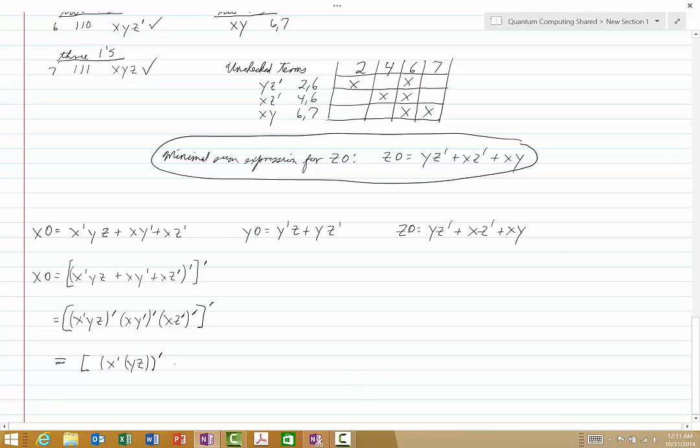And then x NANDed with y prime, and we could perhaps AND those two things together, and then we would NAND that with x z prime. And you'll see exactly what I mean in case that's at all hazy. That will become clear when we actually draw the circuit. Okay, so that's what we have for X0.